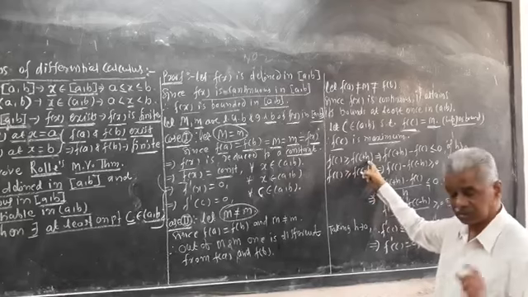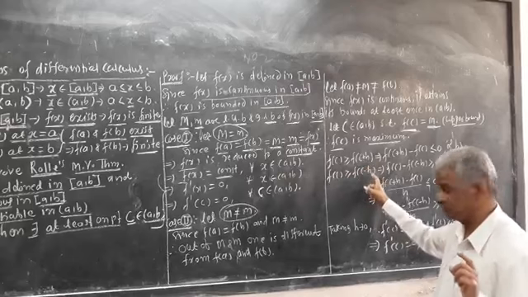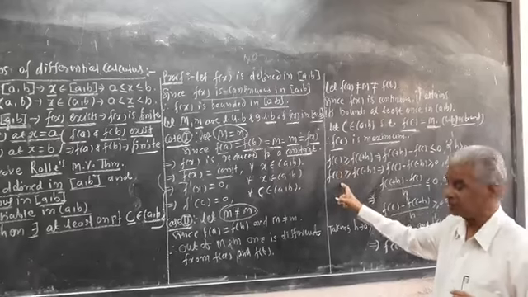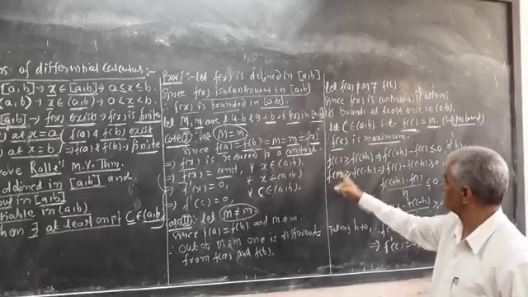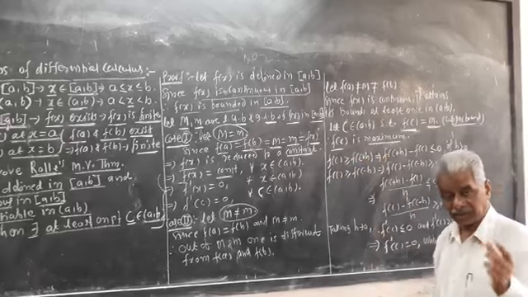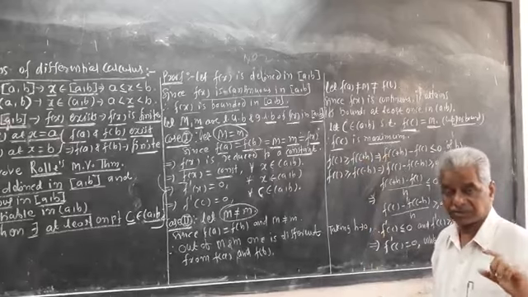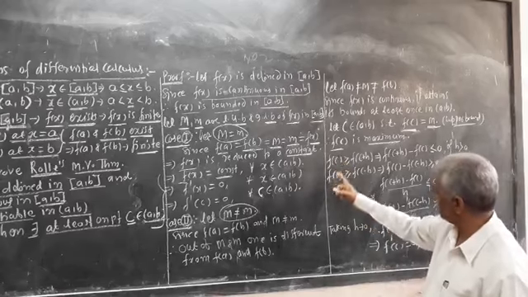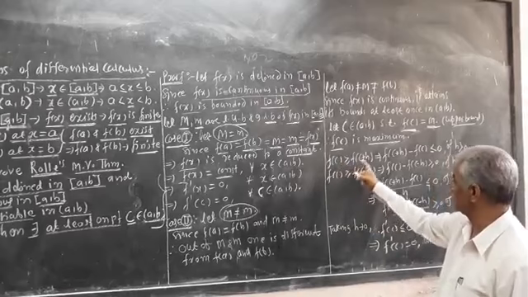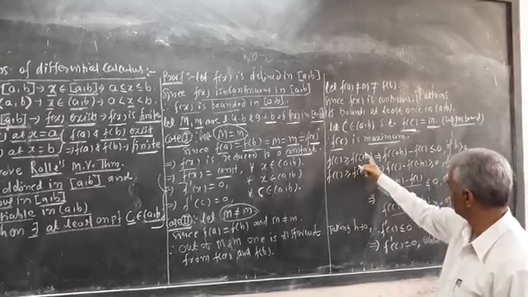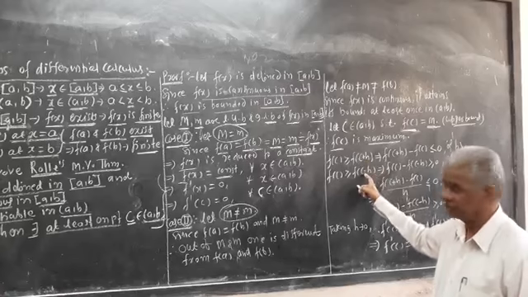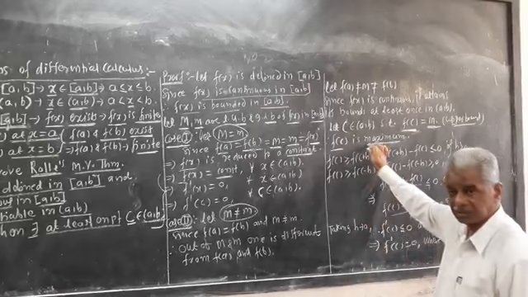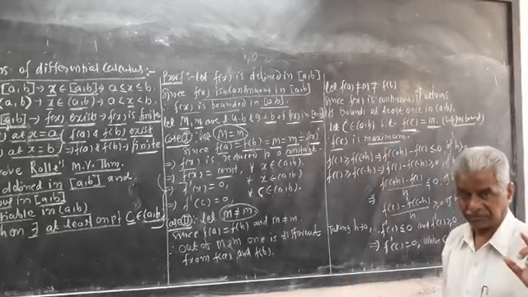C plus h and C minus h are the neighborhood of the point C, and this holds good according to the definition of maximum value.